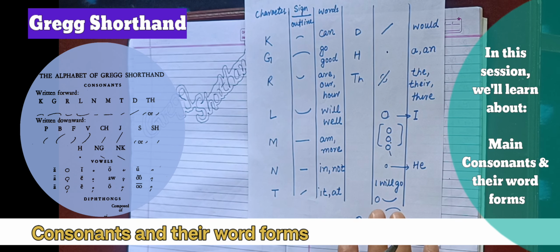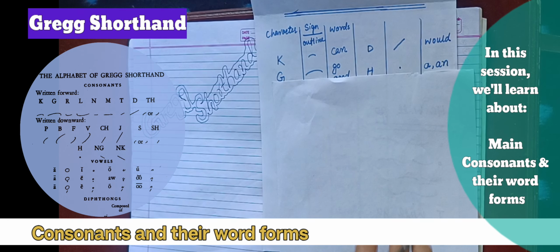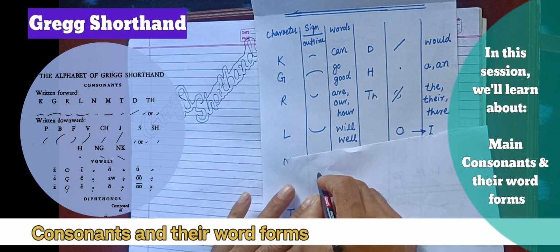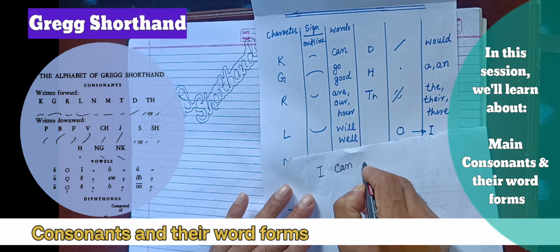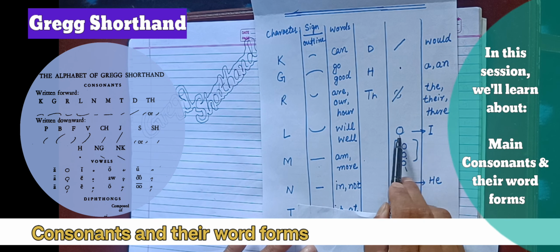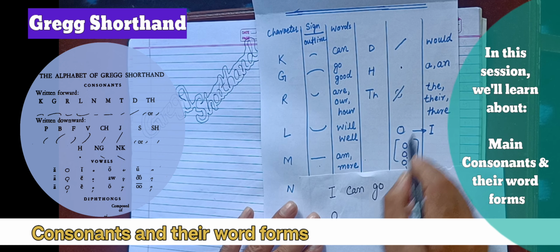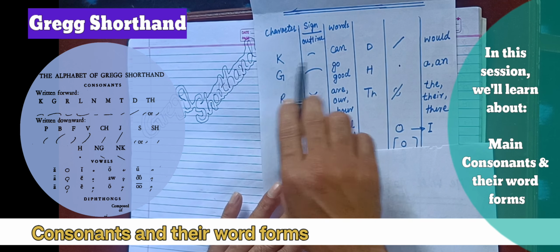Let me give more examples from this lesson. What if I have to write I can go? How to write this? I, right? So we have this circle for I. How do we write can? K character can, if you remember.